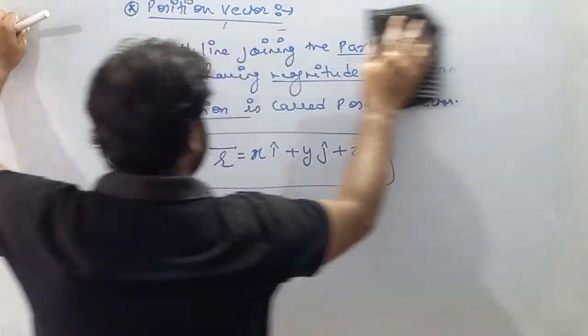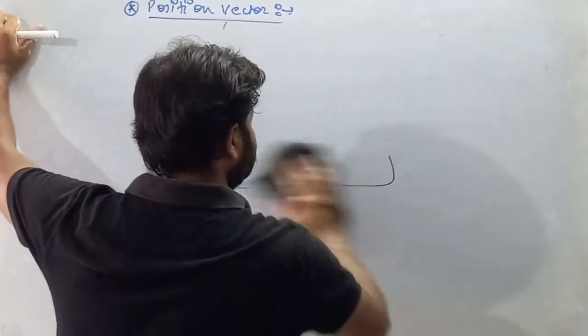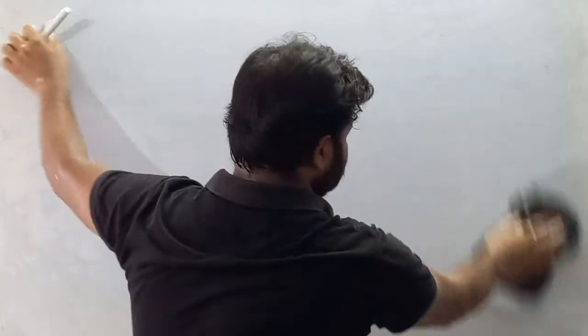So this is all about position vector and types of vector. I hope you all understand how to understand which nature a vector is and how to establish the knowledge of vector.